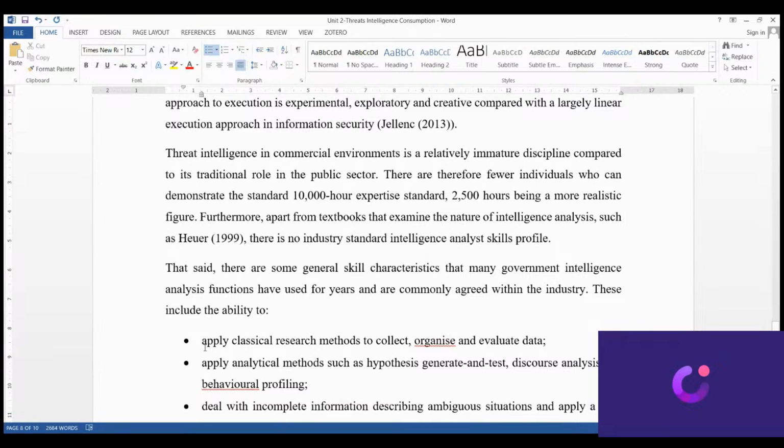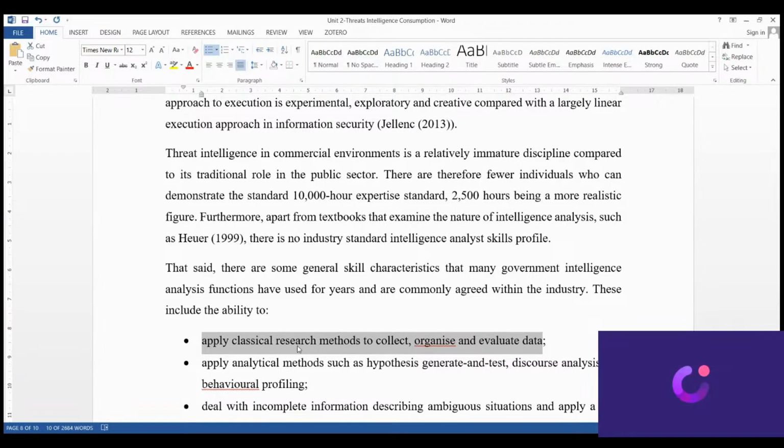You need an application of classical research methods to collect, organize, and evaluate data. First, there's the aspect of research. Through research, you are able to collect and organize data. You collect this data, you organize it, and then you do your evaluation.